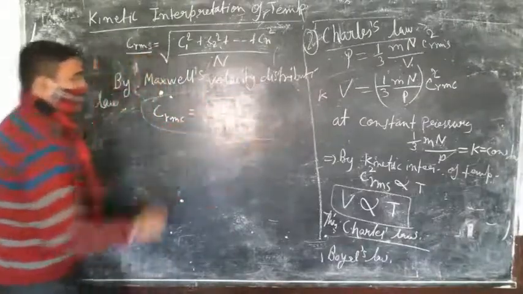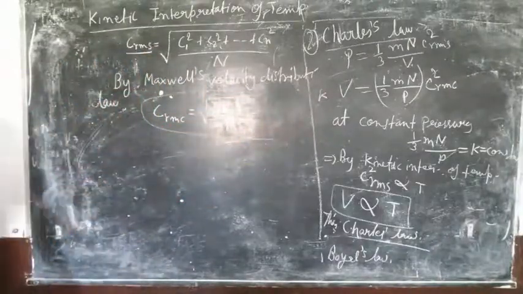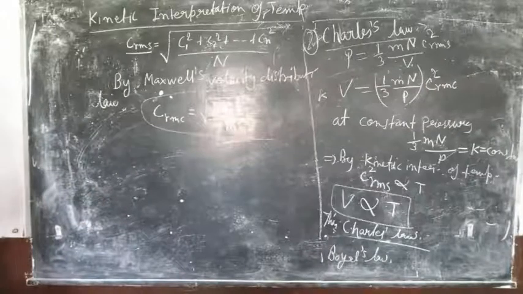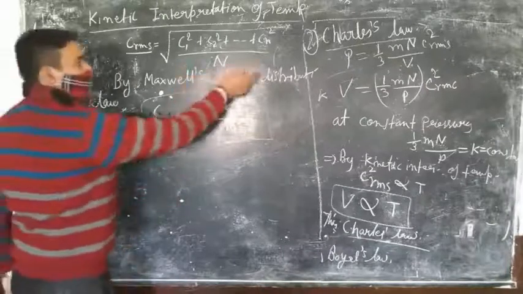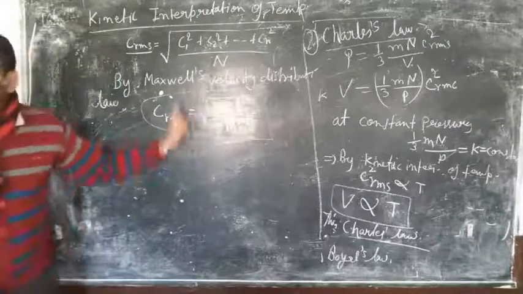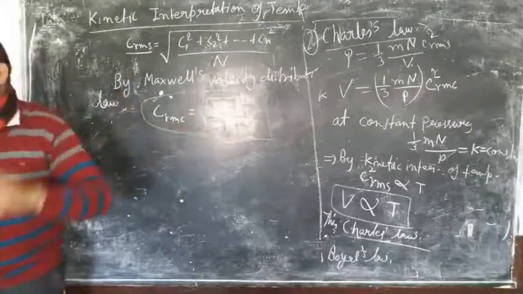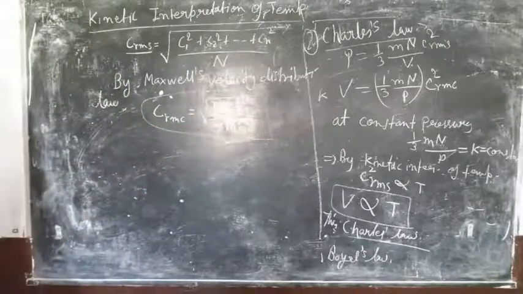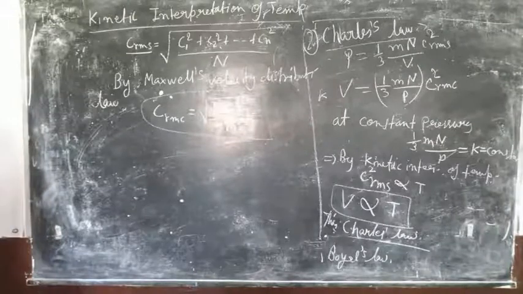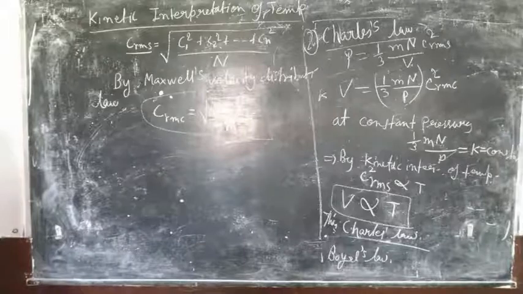This is the average root mean square value of velocity. It is not required to derive how this result comes; you will learn it in your bachelor's final year.